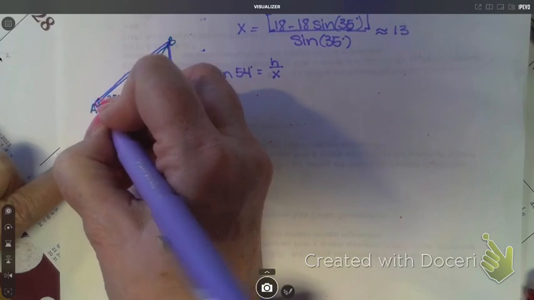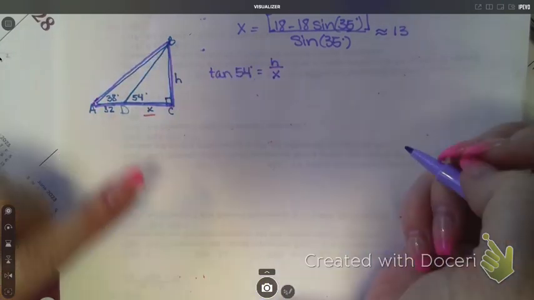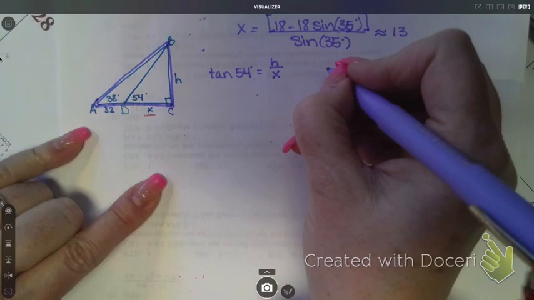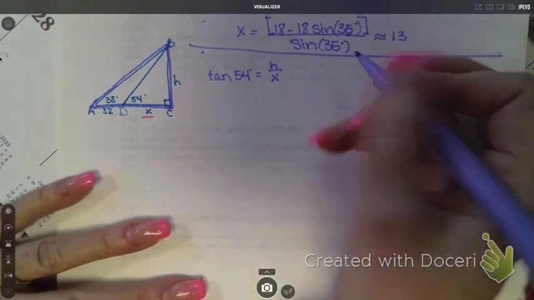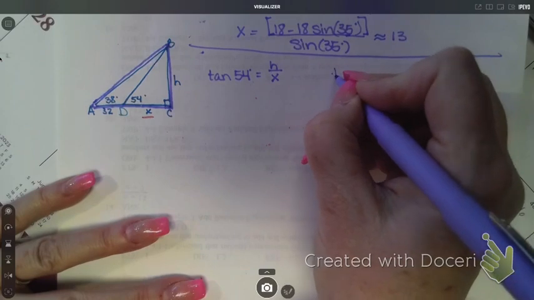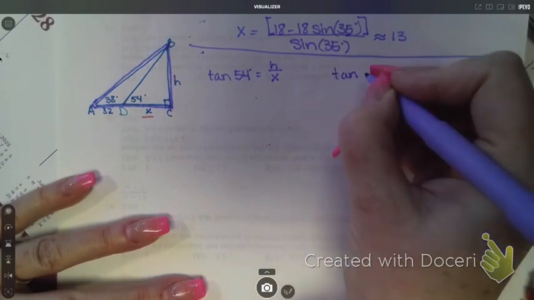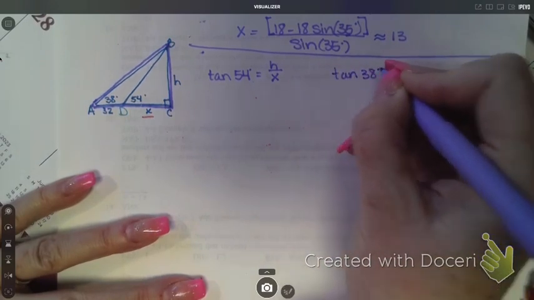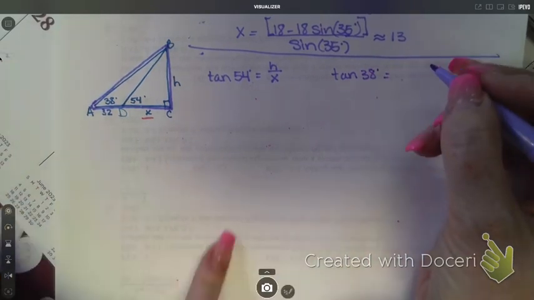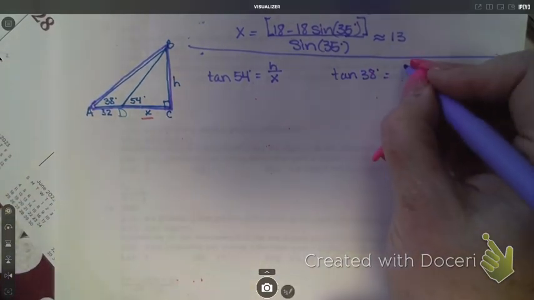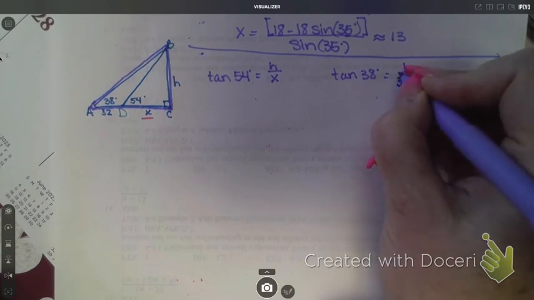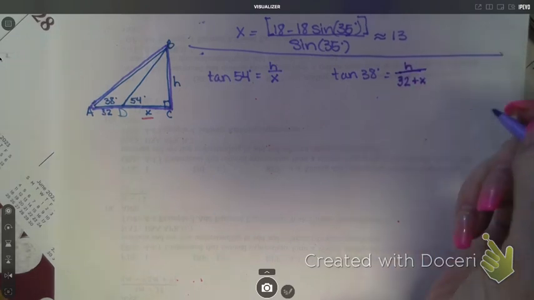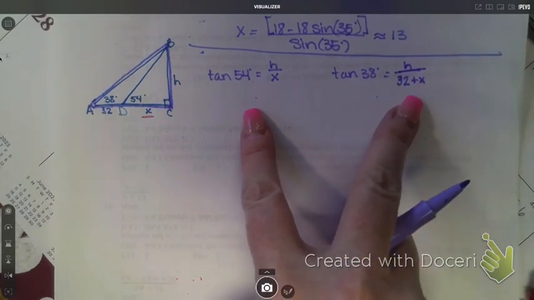So opposite and adjacent, what function again? Shouldn't have written that close, sorry. So I have tangent of 38 degrees equals what? H over 32 plus X. So I have a system of equations, correct?